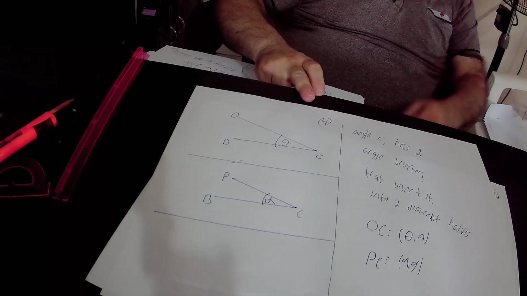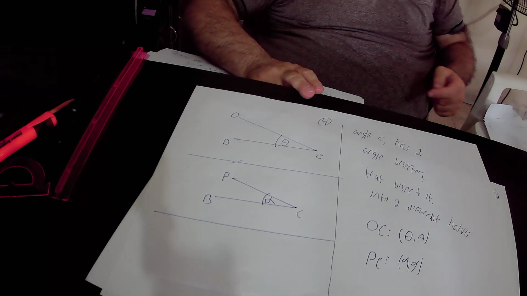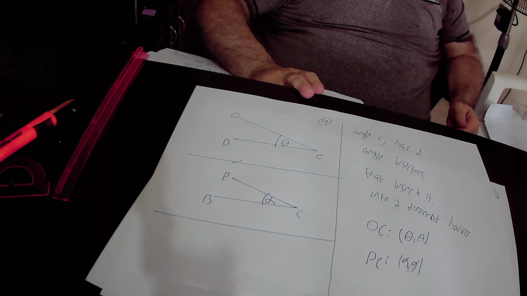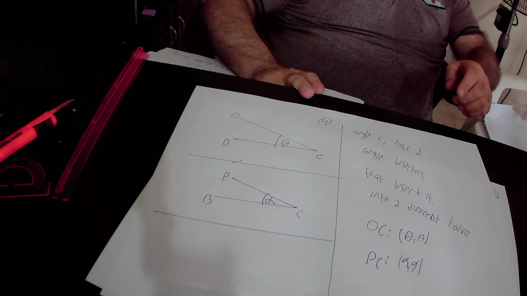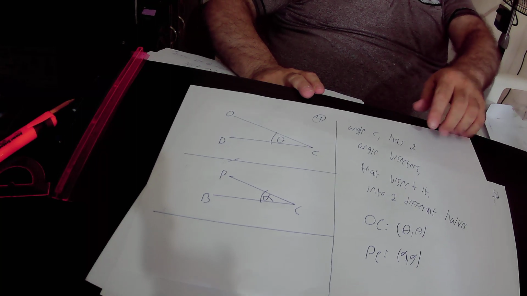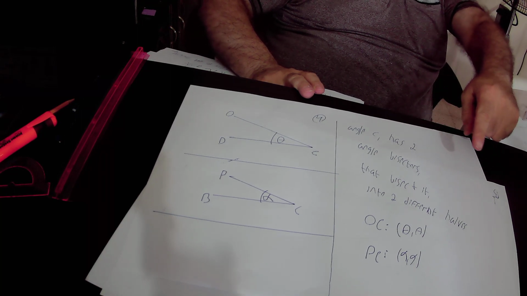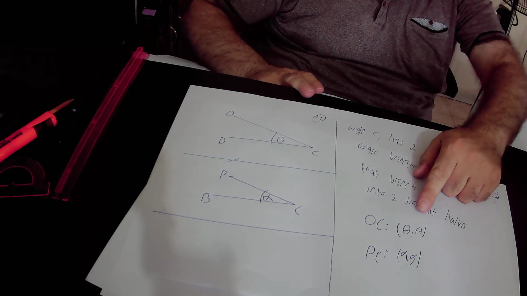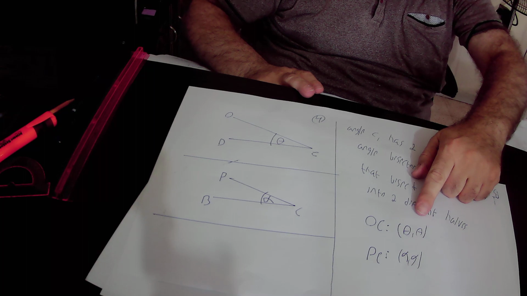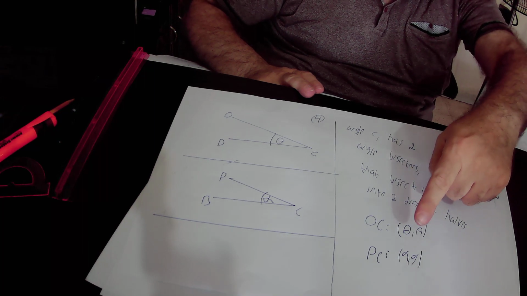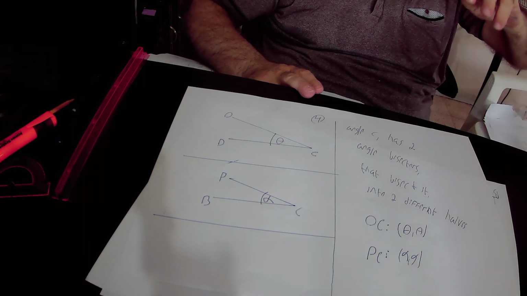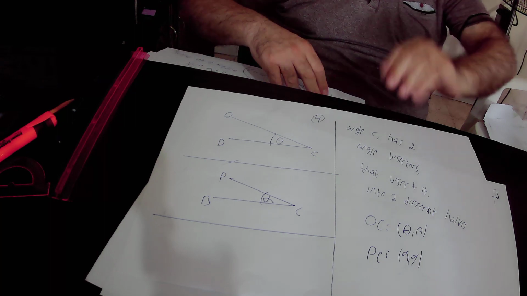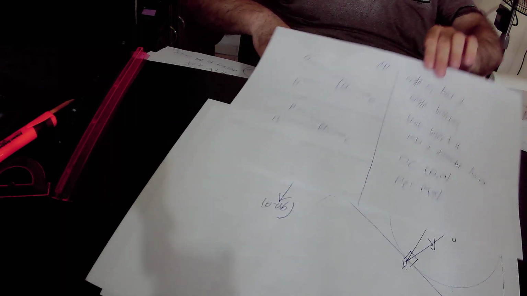So we actually found out that angle C has two angle bisectors that bisect it into two different halves. The angle bisector OC bisects it into theta and theta, then angle bisector PC bisects it into alpha and alpha. And this is a contradiction. Okay, why?